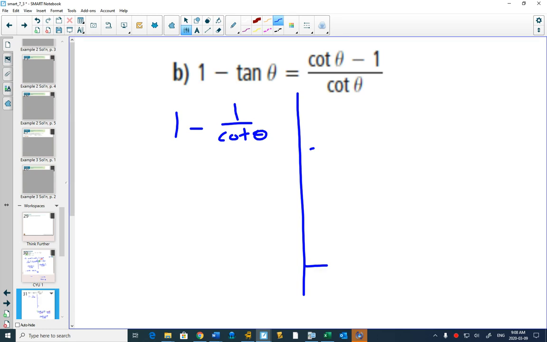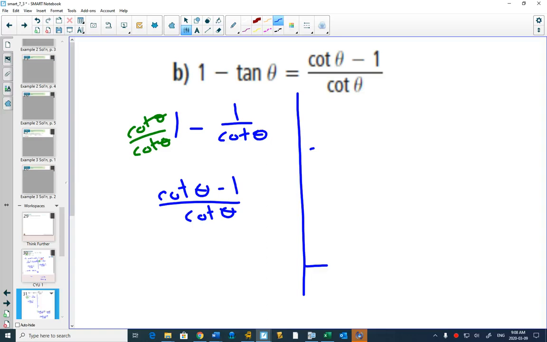If I do that and get a single fraction, 1 is cotangent over cotangent, to get a common denominator, and then subtract my fractions, oh, I'm done the proof already. That was a lot faster.